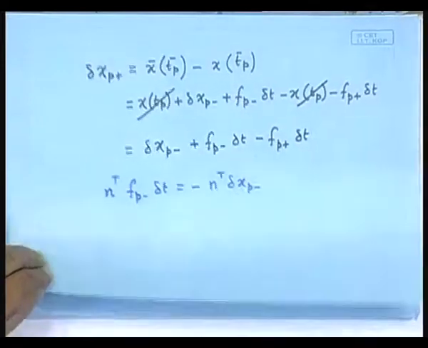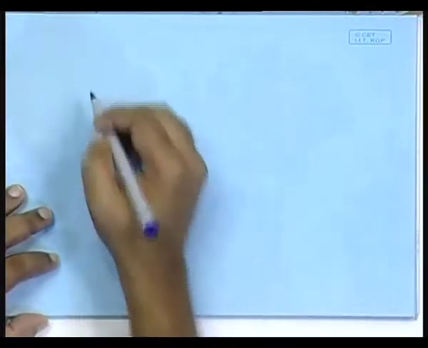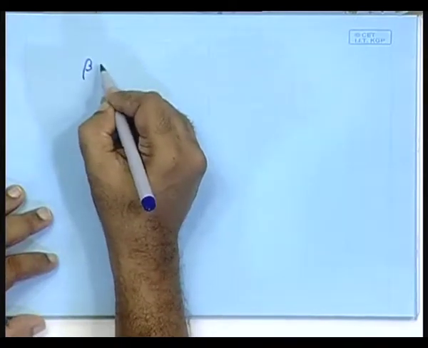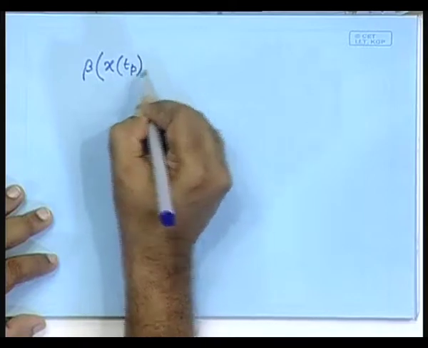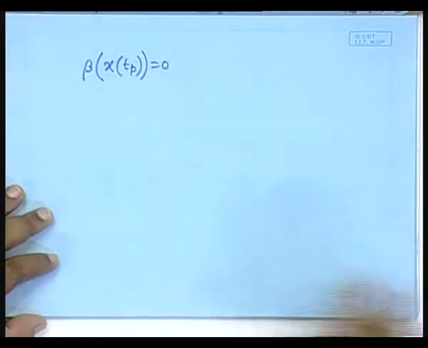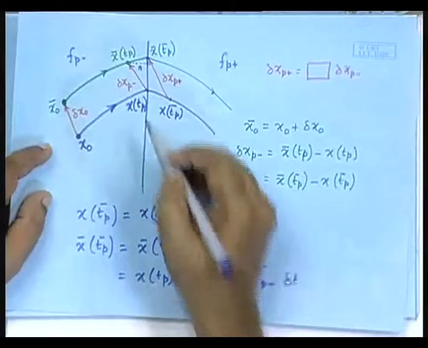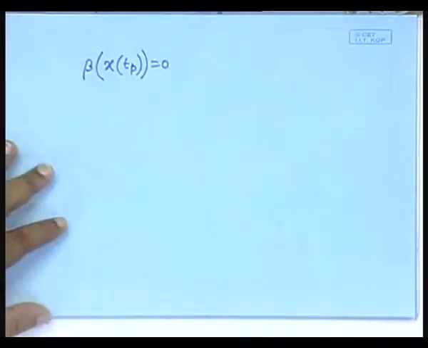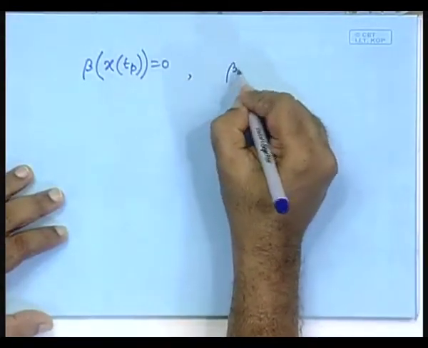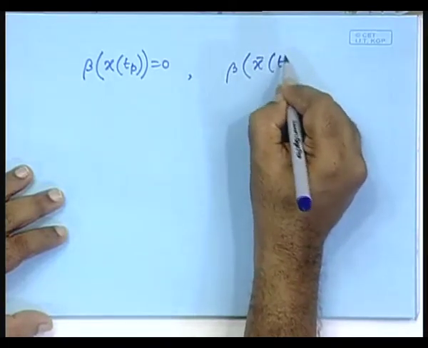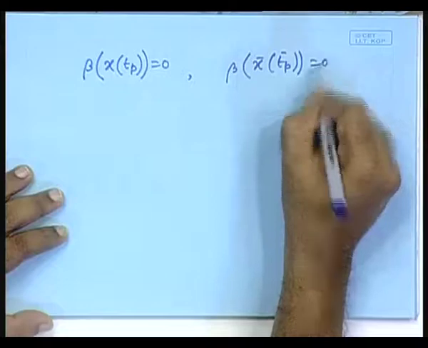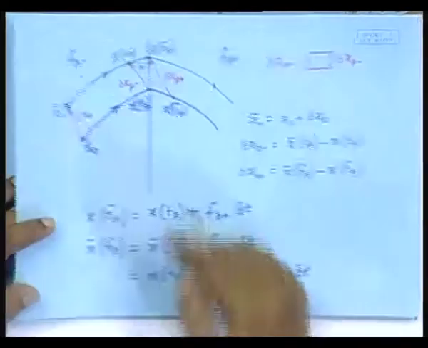So, we can write beta of x T p equal to 0 as the condition when this is satisfied, and beta x bar T p bar equal to 0 as the condition when this is satisfied.